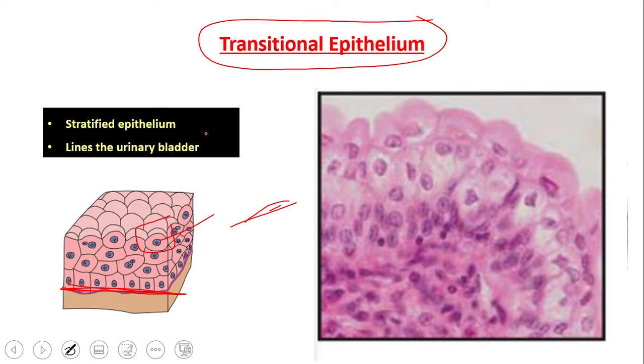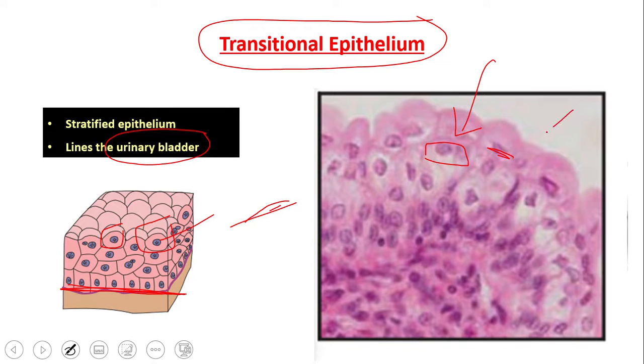This lines the urinary bladder. When the urinary bladder is full, the pressure of urine makes those cuboidal cells squamous. When the urinary bladder is empty, the pressure is released, and then the top cells become cuboidal again. That's why we call that transitional.